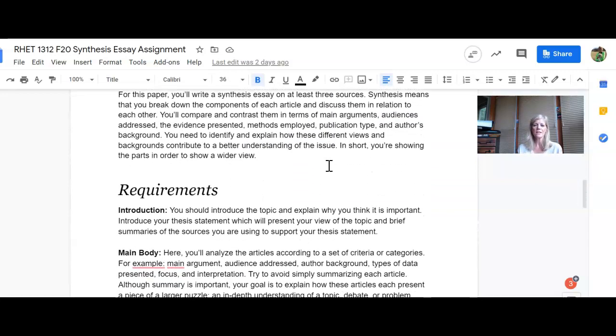The purpose we kind of talked about is critically thinking about your topic, and you get to choose whatever topic you want for this paper. Some people love that. Some people would rather be told what to write about, but you get to choose something you're interested in, something you want to learn more about, something that you're interested in taking a side on.